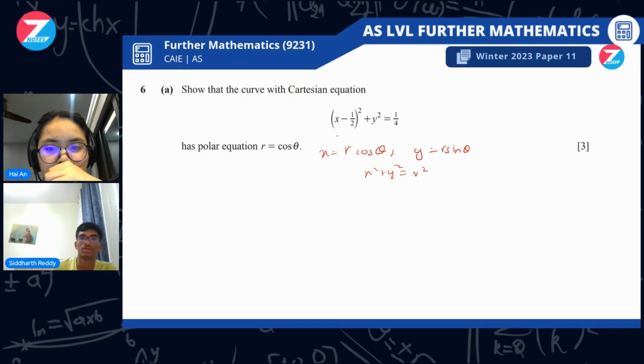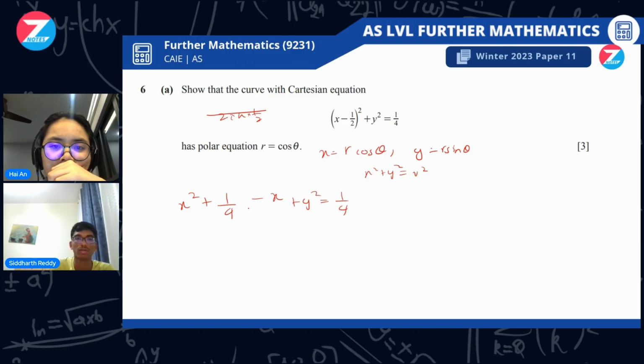So let's do this. Before we substitute, we can actually just directly expand it. So x square plus 1 by 4 minus x, which is just 2 into x into 1 by 2, when you expand the brackets, plus y square is equal to 1 by 4. So this 1 by 4 and that 1 by 4 cancel. We get x square plus y square is equal to x.